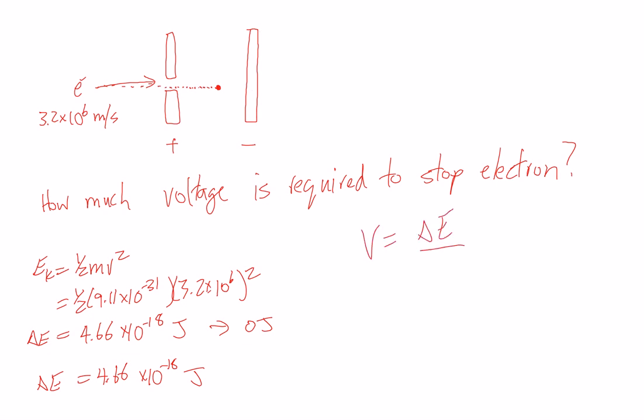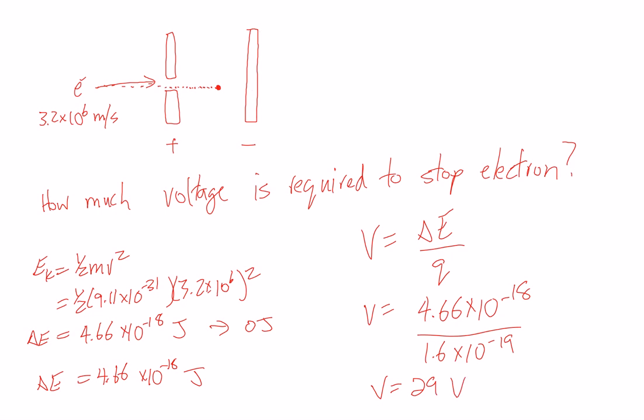How much voltage is going to give that charge that much energy? It's a pretty easy calculation. Just put in your answer and divide it by the charge of an electron, and that should give us our voltage. And I get an answer of about 29 volts.